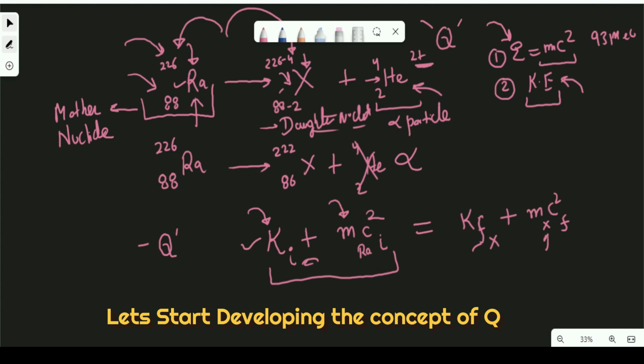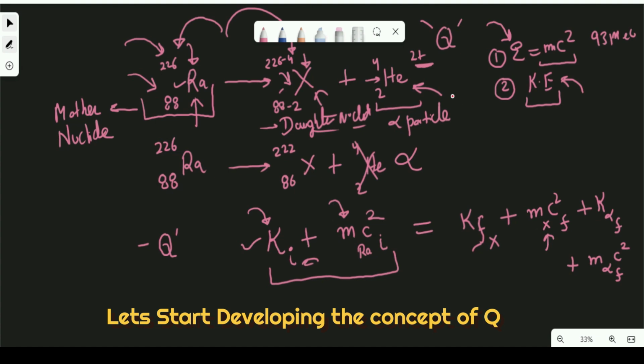And this shows you it is the daughter. And then of course you have an alpha particle. So the kinetic energy of the alpha particle, it is also final because it is on the right hand side. I can use the word product also, plus write the rest mass energy of the alpha particle. So this is rest mass energy, and this is also on the right hand side, so final into c square, right?